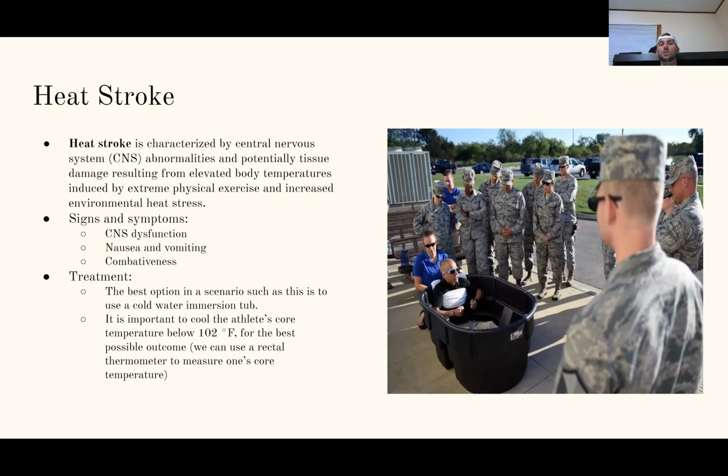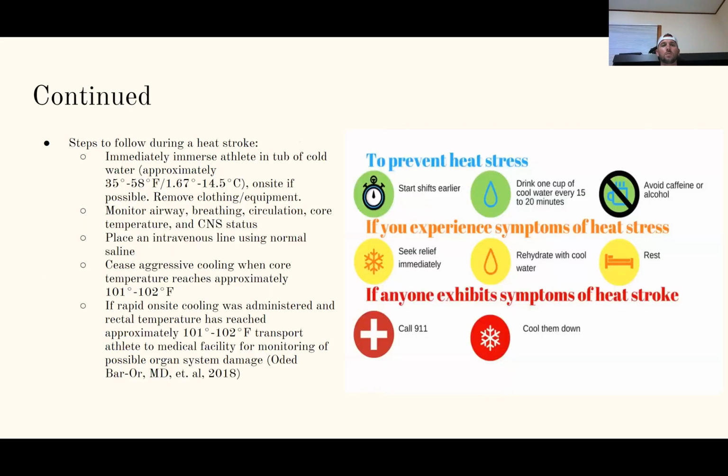So it's important to know those signs and symptoms, especially if the athlete is swinging at you, you might need assistance. Treatment for heat stroke is very similar to heat exhaustion. Try and get the athlete into a cold water tub as soon as possible to get their core temperature below 102. And then it's important to get them to the nearest medical facility afterwards.